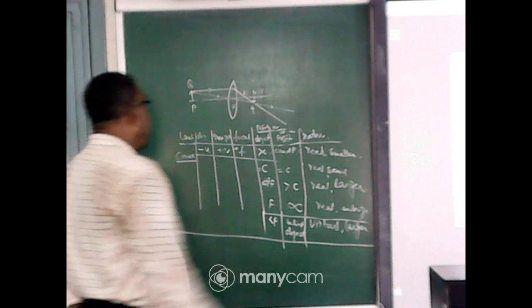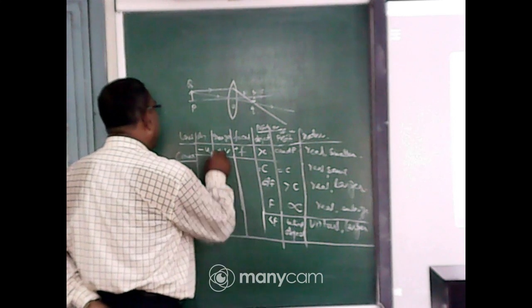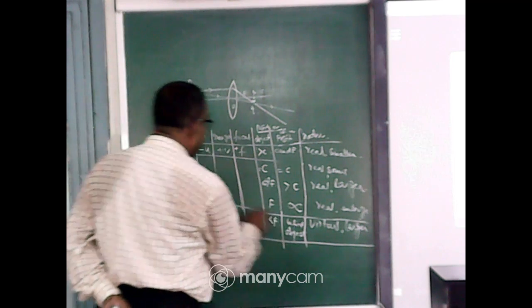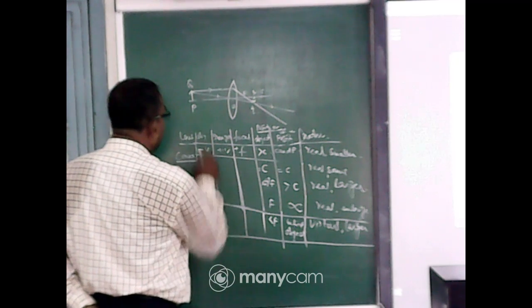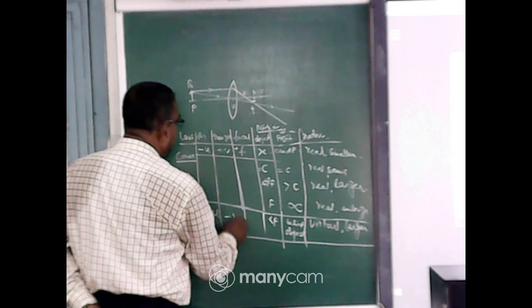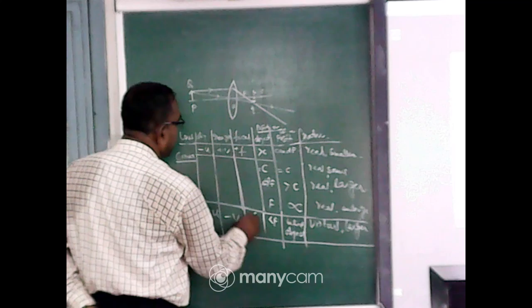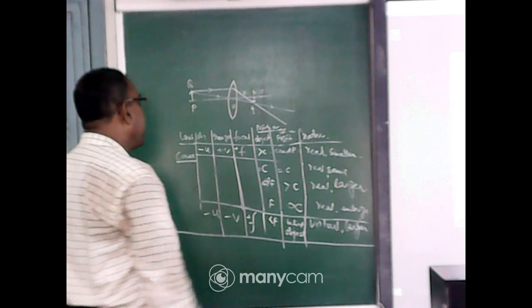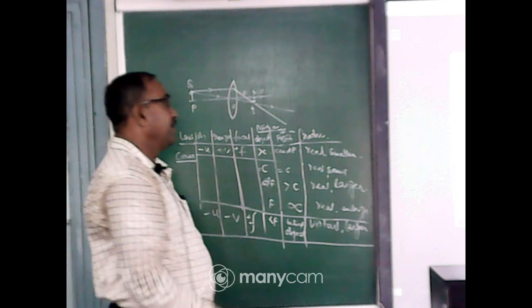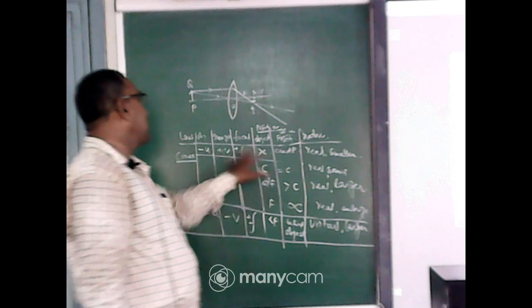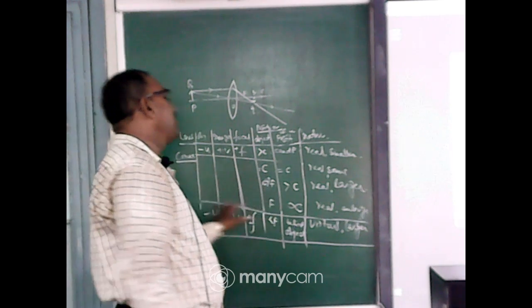So my dear student, you check here, for this case is very vital. U is negative, V is negative, F is positive for this case. So you try to summarize this in this method.